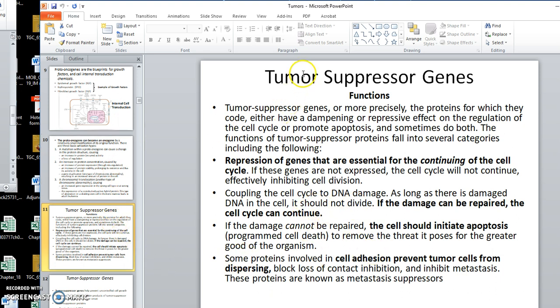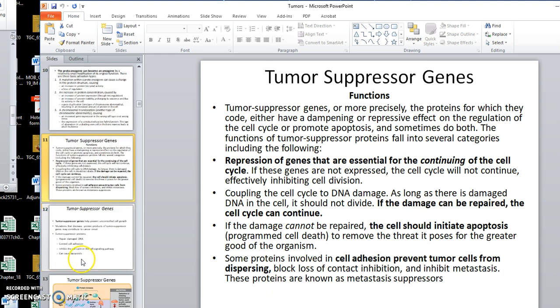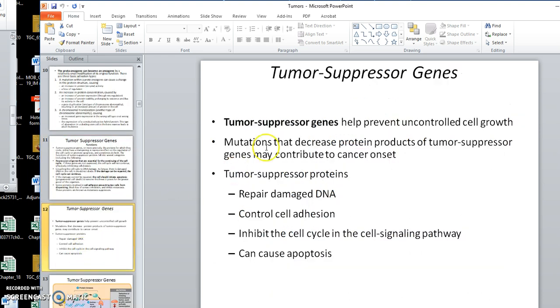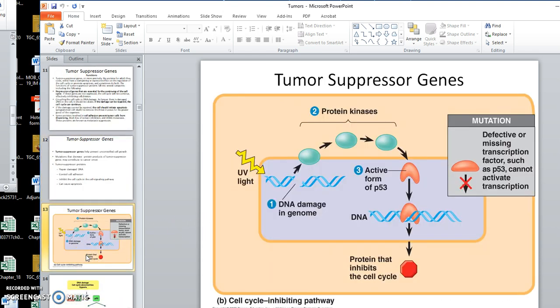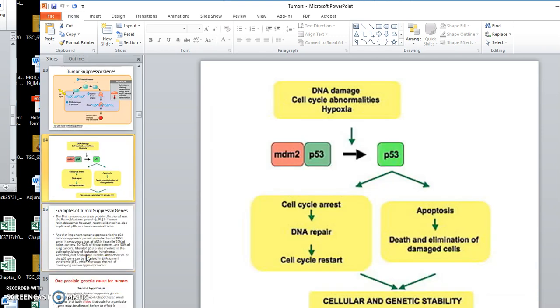So there are various reasons for having tumor suppressor genes. They help prevent uncontrolled cell growth, repair damaged DNA, control cell adhesion, various things that they do. All of these in an attempt to not let things get out of control.